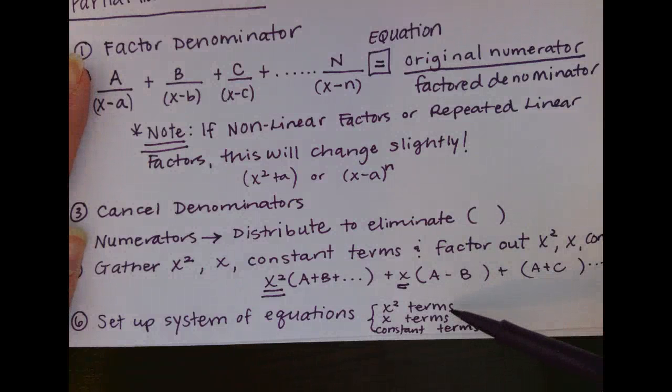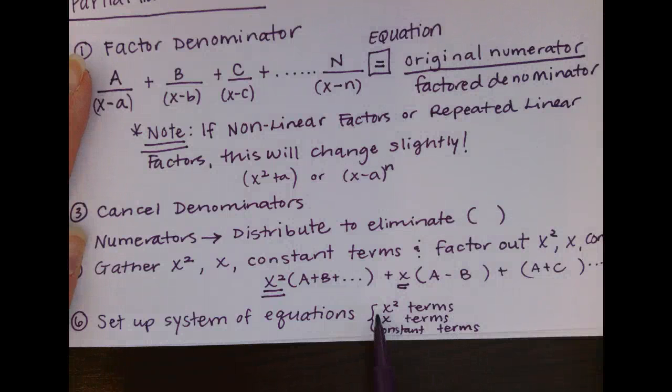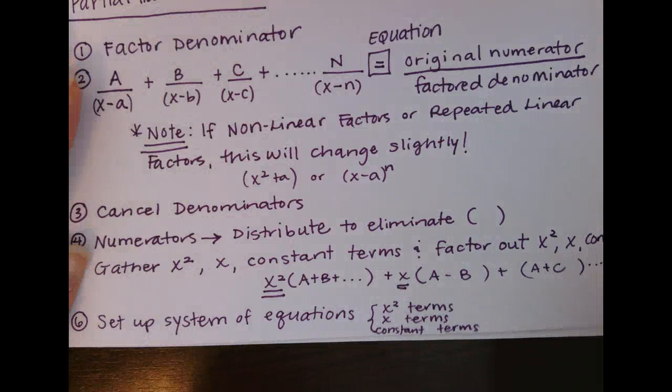So you should have at most a 3 by 3 system of equations. Sometimes you won't have an x squared term. Sometimes you may not have a constant term. But at most you'd have a 3 by 3 system.